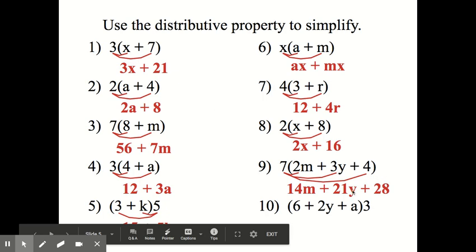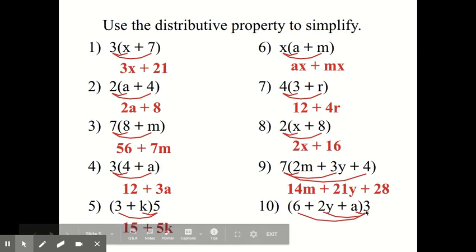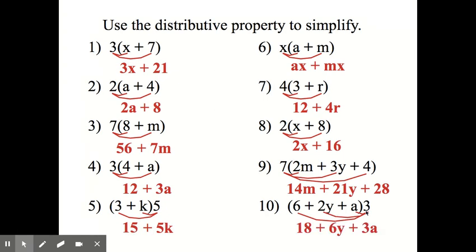And 7 times 4 gives us 28. Then finally, just like number 5, we have this 3 on the right side as opposed to the left side. That doesn't change anything. We're going to distribute it to each of the pieces on the inside. 3 times 6 gives us 18. 3 times 2y gives us 6y. And then 3 times a gives us 3a.